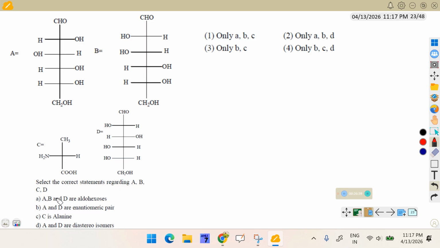Four structures are given. Select the correct statements regarding A, B, C, D. First identify. First structure A is D-glucose. B is D-galactose. Compound C is alanine. Compound D is mannose.